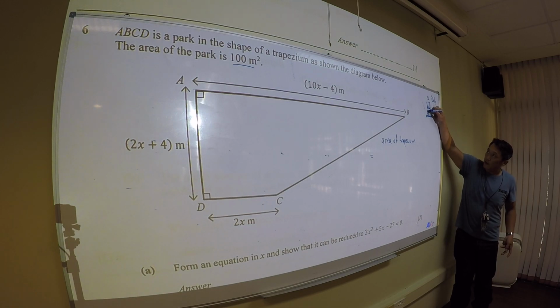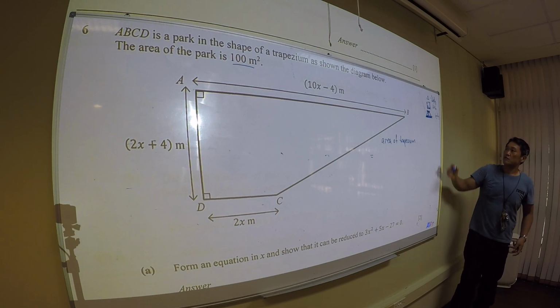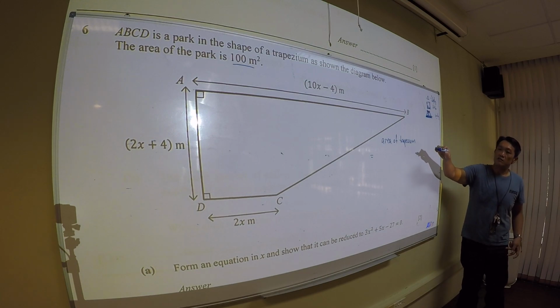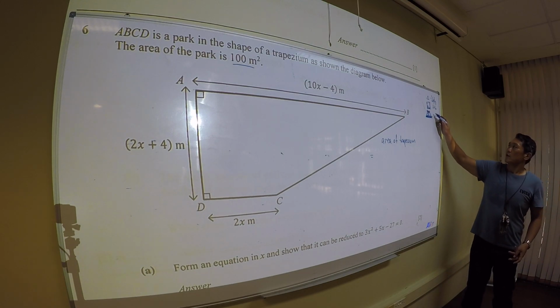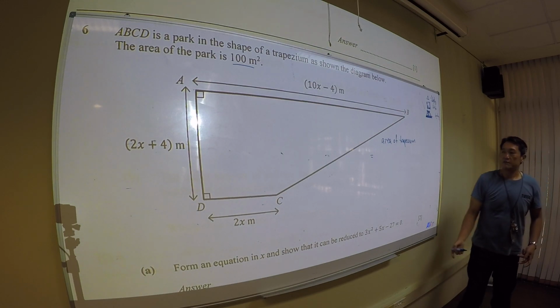Just that your parallel sides have different lengths, which is why we must find the average of these two lengths. But at the end of the day, it is still breadth times height.